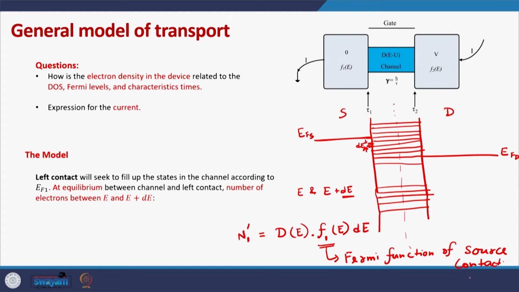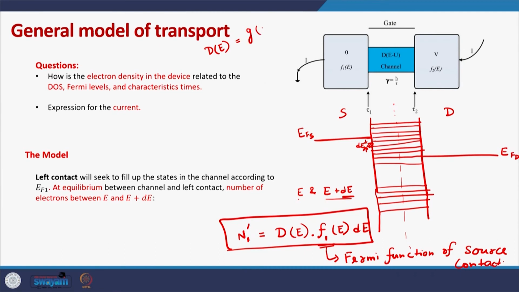So, when we assume that only the source is connected to the channel, this would be the number of electrons in the energy range E to E plus dE in the channel, governed by the density of states in the channel times the Fermi function of the source times the energy range. Please keep in mind that since we are trying to calculate the total number of electrons in the channel, this is the density of states that we calculated earlier times volume for 3D channels.